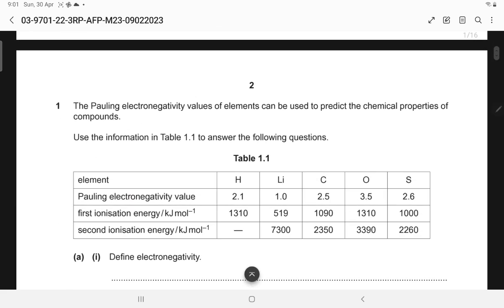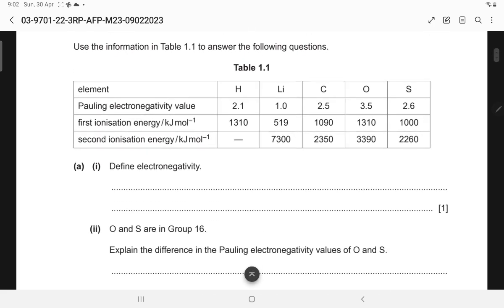The following electronegativity values of elements can be used to predict the chemical properties of compounds. Use the information in the table. Answer the following questions. Define electronegativity.